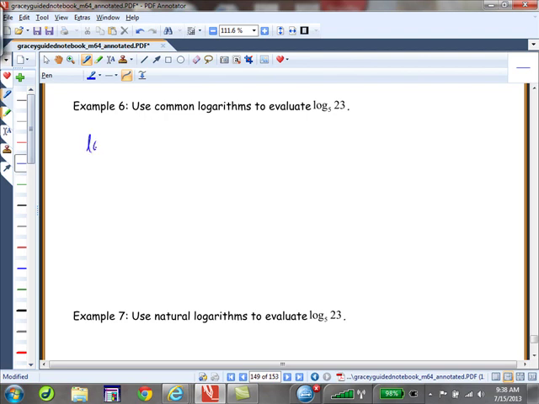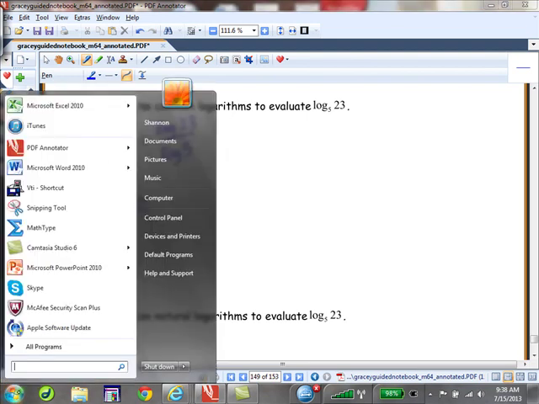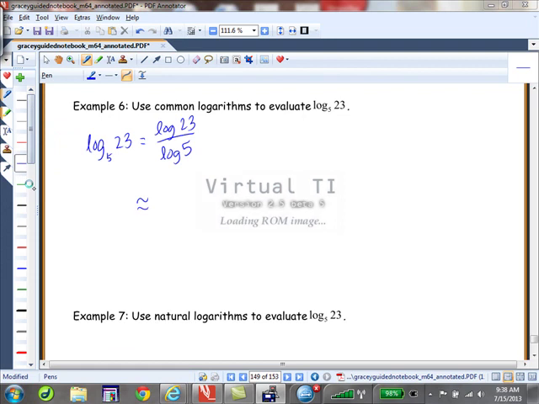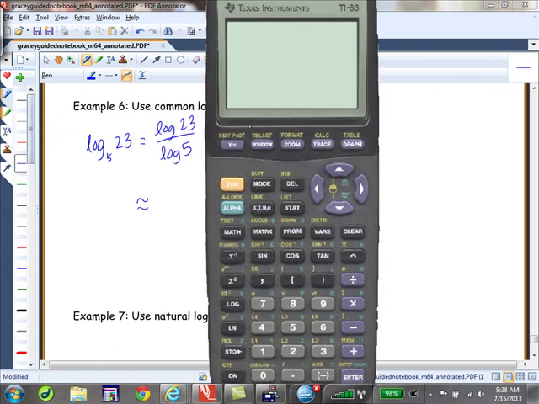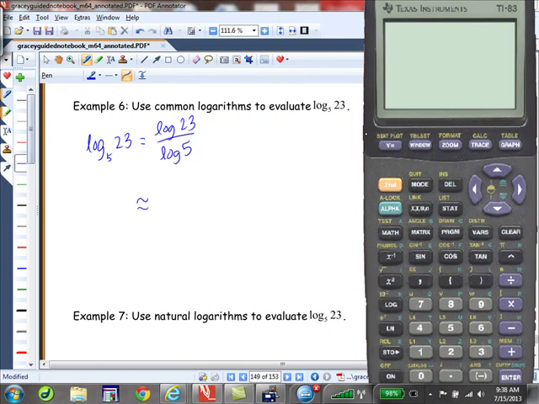So log base 5 of 23 equals, using common logs, log 23 over log 5, which is going to be approximately. Here, this is a graphing calculator, so the log commands are going to come before the numbers.